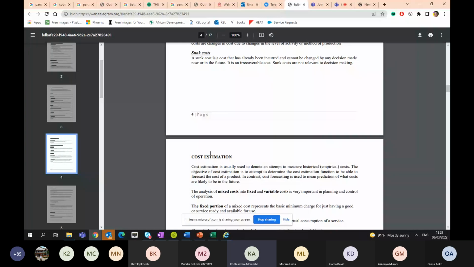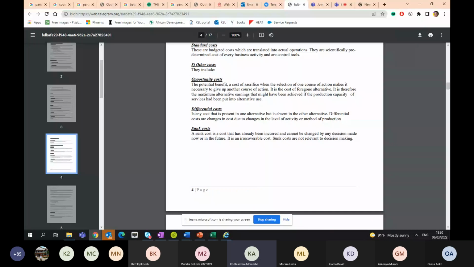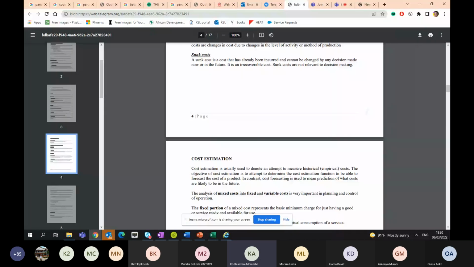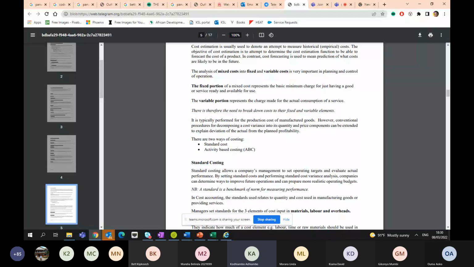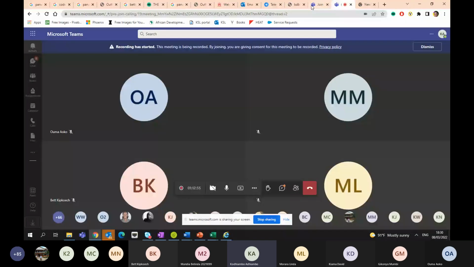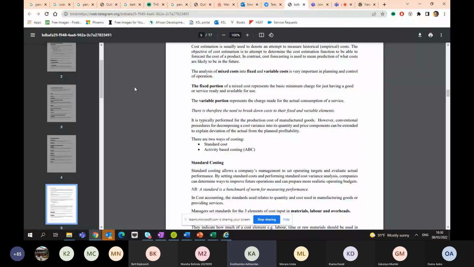But I haven't seen questions like that, and again, I haven't been a very diligent student in terms of LPM. But if it comes, sunk cost is what you've already incurred and it won't affect your decision. If you see a sunk cost, it shouldn't be used to determine your costing. So I don't know if there's any question before I move to the second part, then we'll move into the calculations.